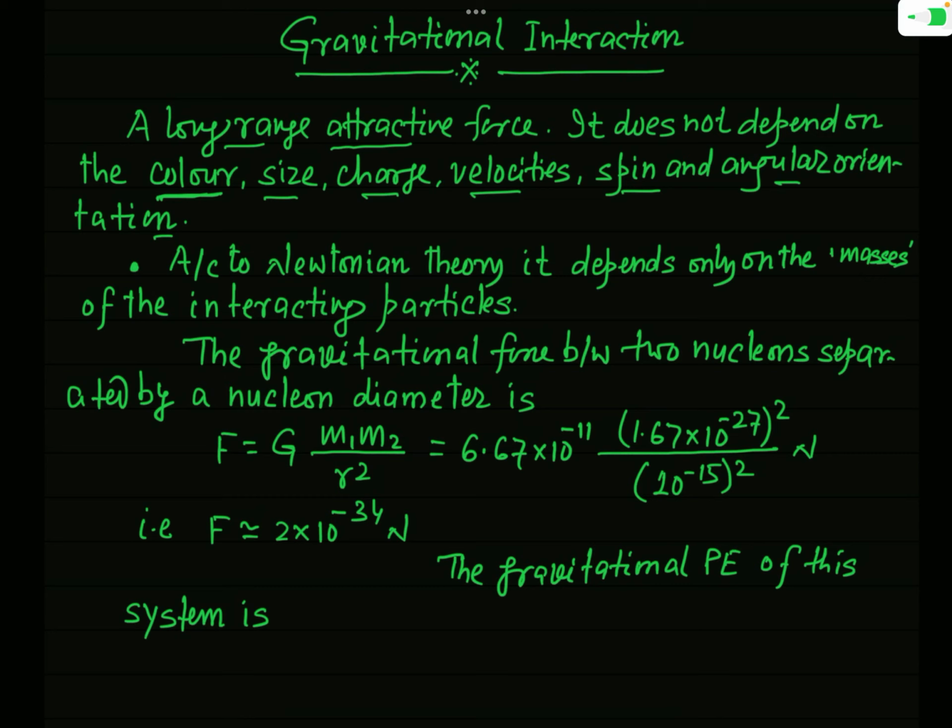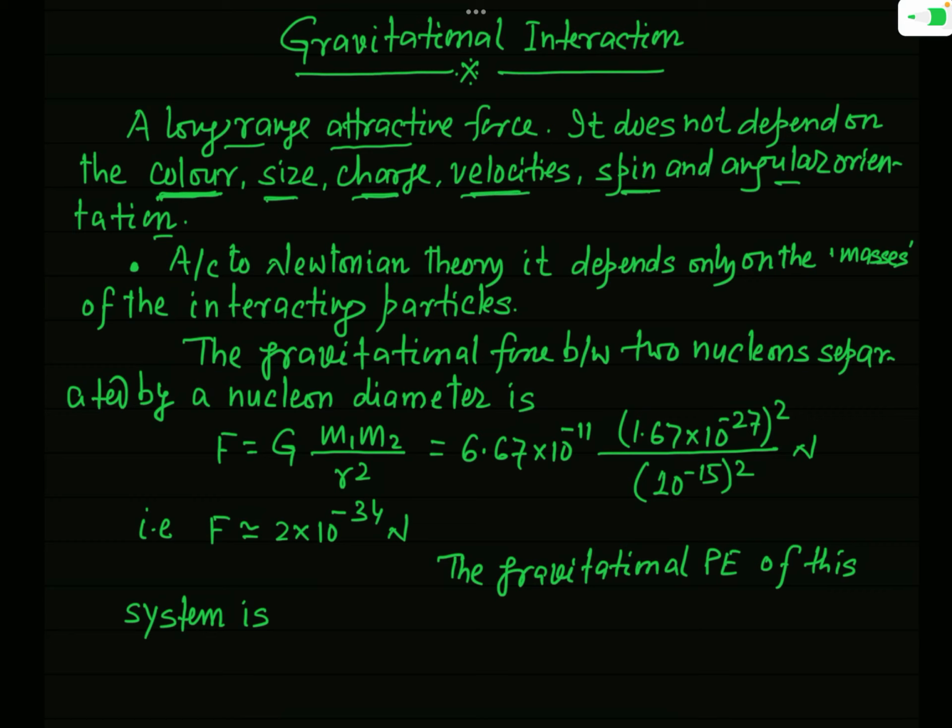This color is also a quantum number. So this force does not depend on the color of the particle, size of the particle, charge of the particle, velocity of the particle, spin of the particle, and its angular orientation.